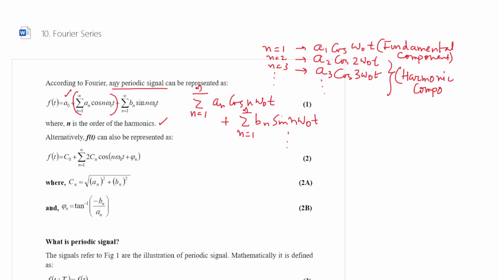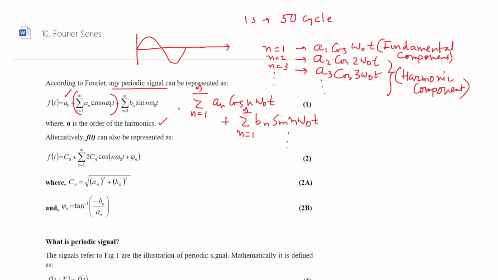They are called harmonics, right? So what is that fundamental component? If we draw the sine curve, this is the fundamental component. The frequency is 50 Hz, so in 1 second it completes 50 cycles. That is the meaning of 50 Hz.